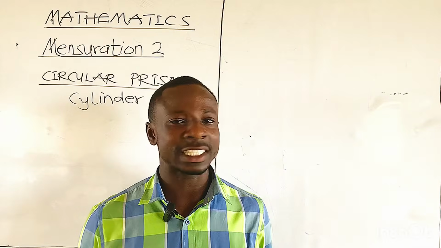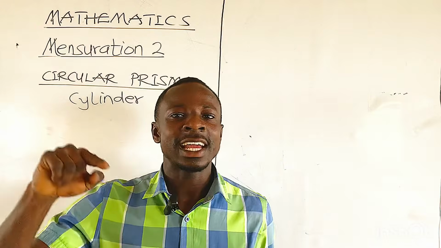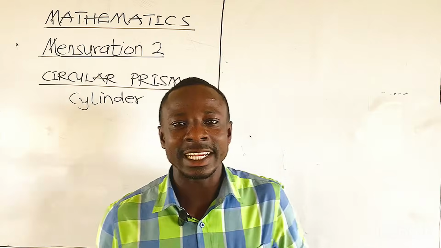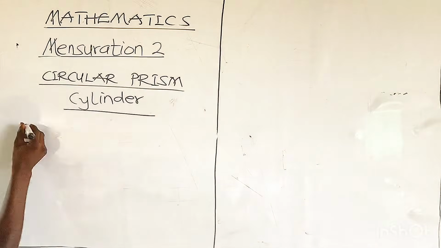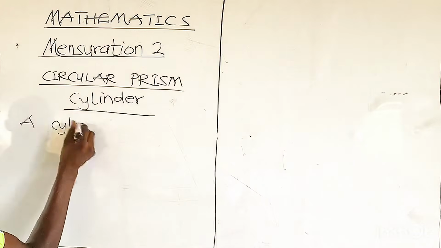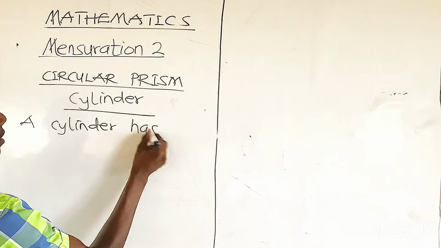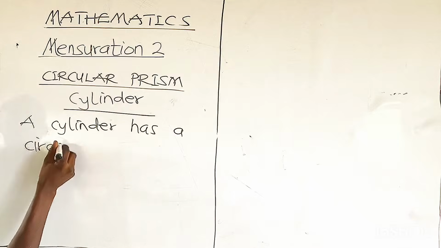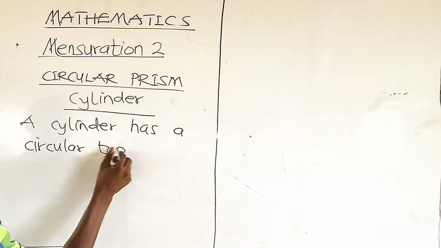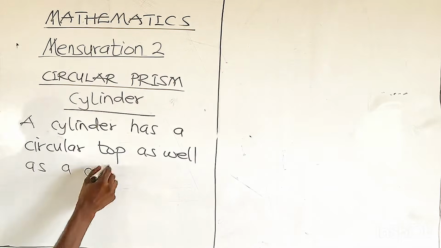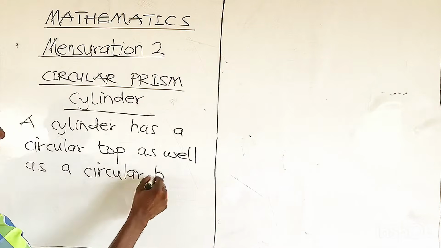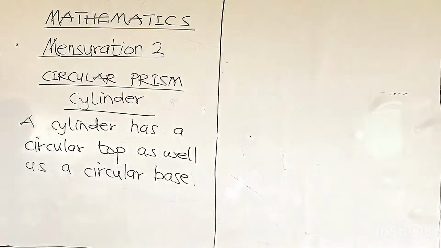But basically, a cylinder is any solid figure that has a circular top and a circular base. Okay, a cylinder has a circular top as well as a circular base.